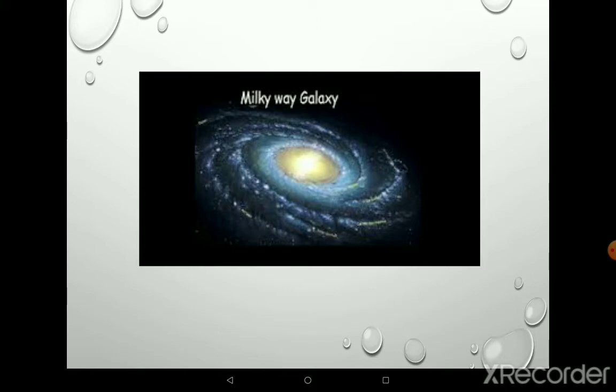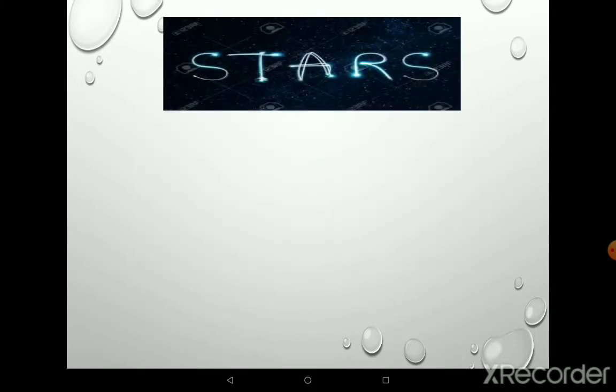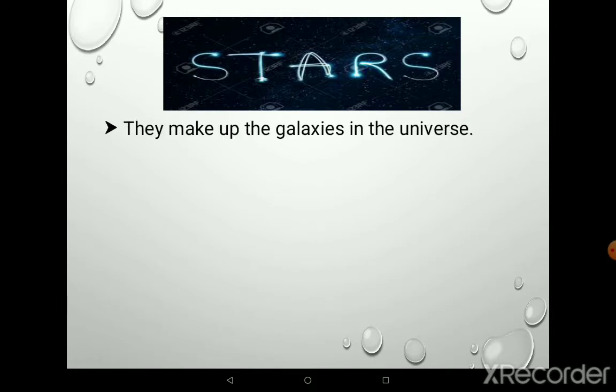Now let's learn about the stars. These stars make up the galaxies in the universe. Many stars come together to make up the galaxies. Stars are self-luminous. Self-luminous means what? They shine by producing their own light.